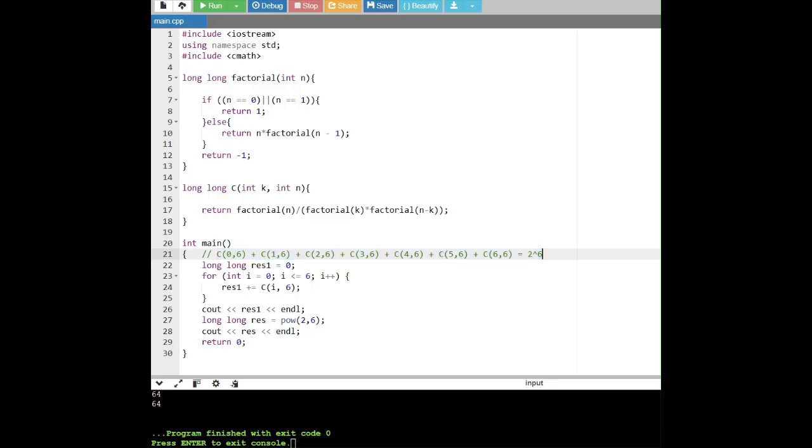So in this case, we are counting the number of subsets in a set of 6 elements, which in both calculations generates 64.